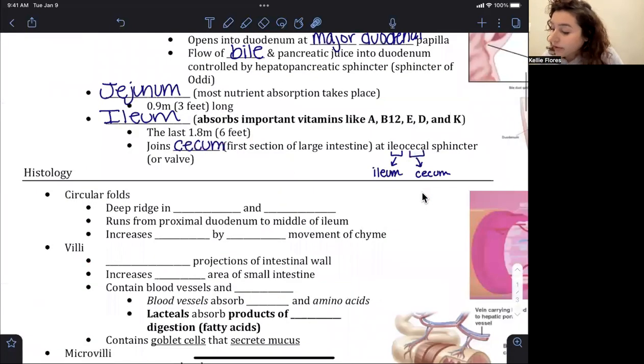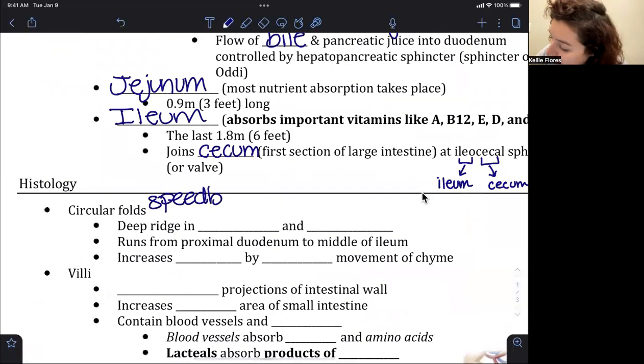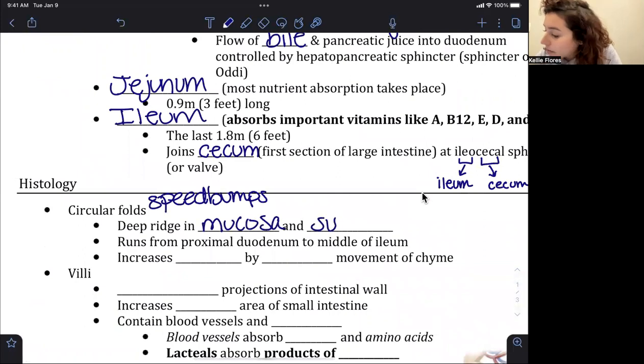Okay, so circular folds act like speed bumps to slow down the chyme. They are deep ridges in the mucosa and submucosa.